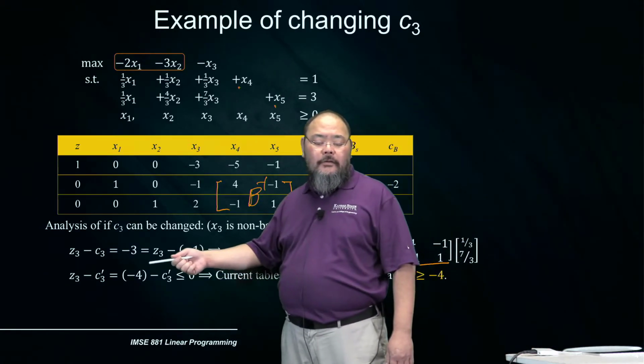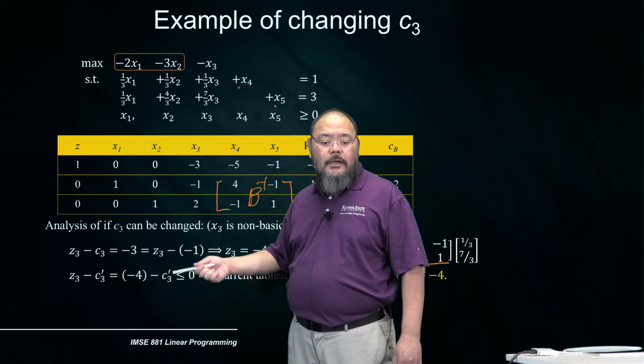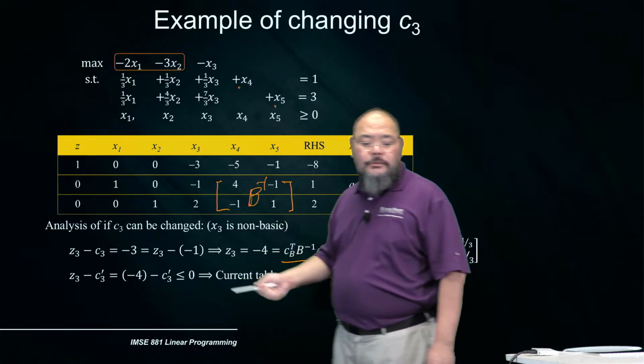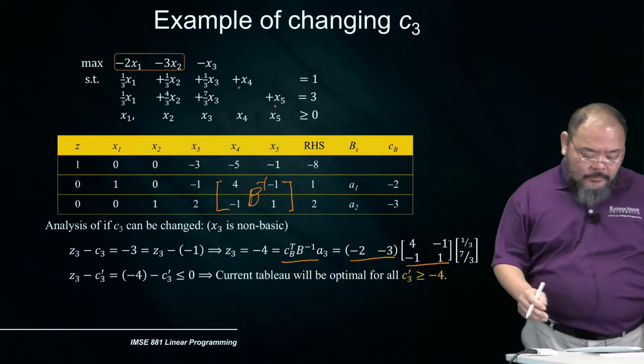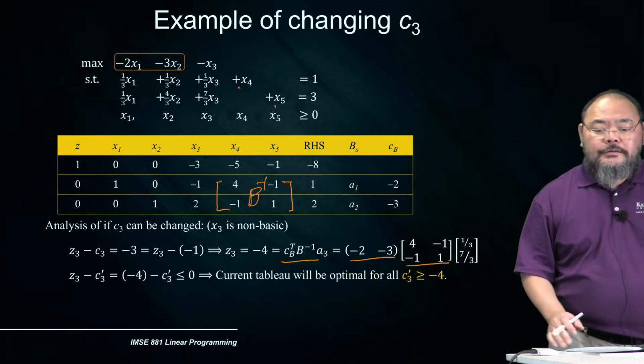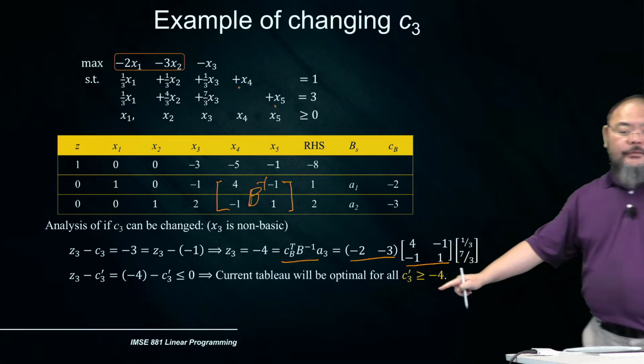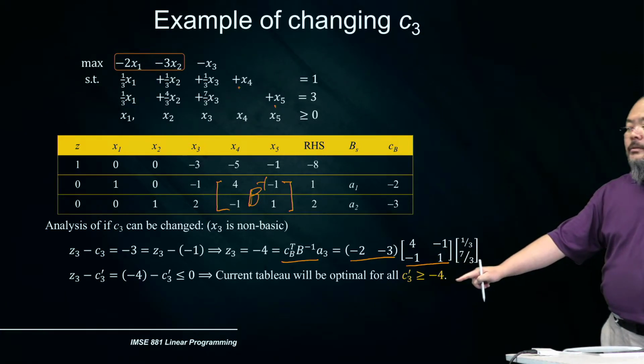So negative 4 minus C3 prime should be less than or equal to 0 for the current tableau to maintain optimality. That means C3 prime has to be greater than or equal to negative 4.